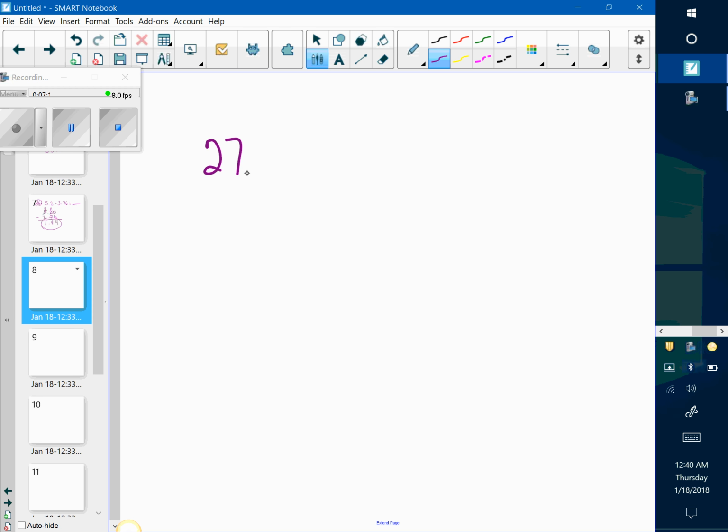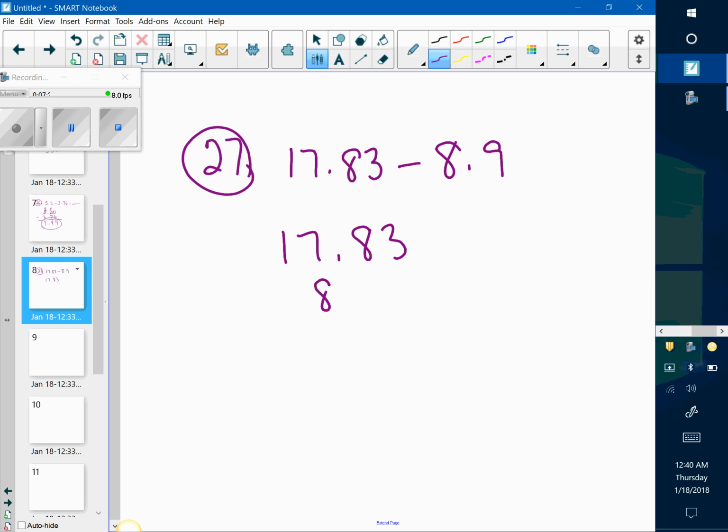Okay, number 27, same way. It's giving you 17.83 minus 8.9. So we're just going to line up the decimals, 17.83, 8.9, and you have to have the same number of places on both, so you could put a 0 there and a 0 here. Then you're going to subtract, so 3 minus 0 is 3. 8 is smaller than 9, so you need to borrow from the 7, so that makes that one 6.